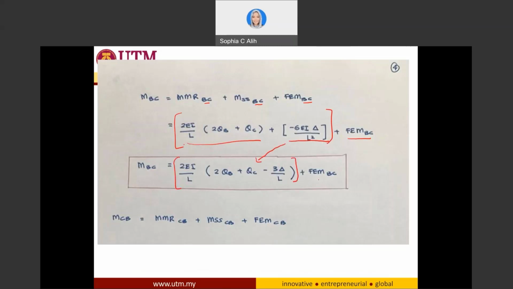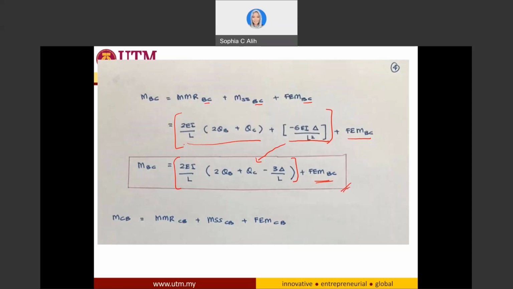I keep FEM BC first because FEM BC depends on the load imposed on the span BC. Normally for the test and exam, you will be given a list of equations so you can see which equation to use to determine the value of FEM BC or FEM CB, depending on the condition of your loading.